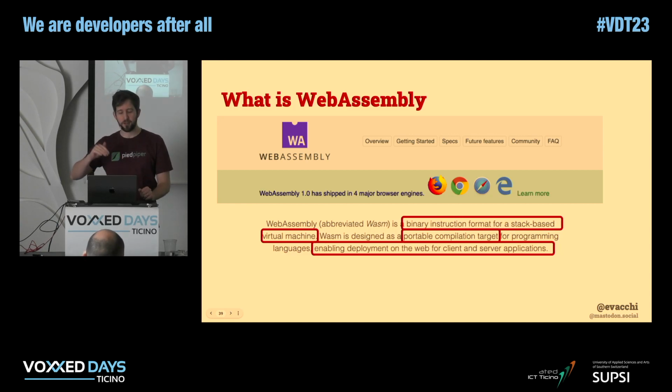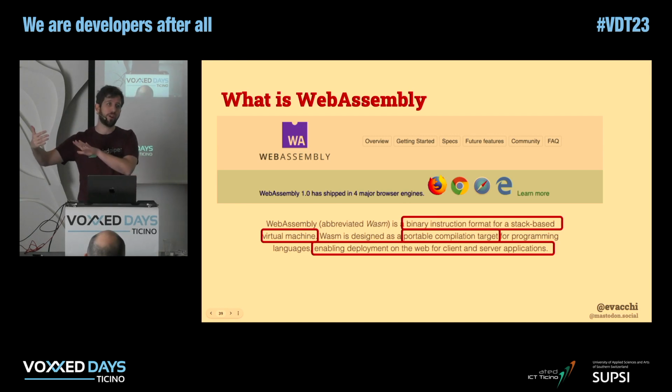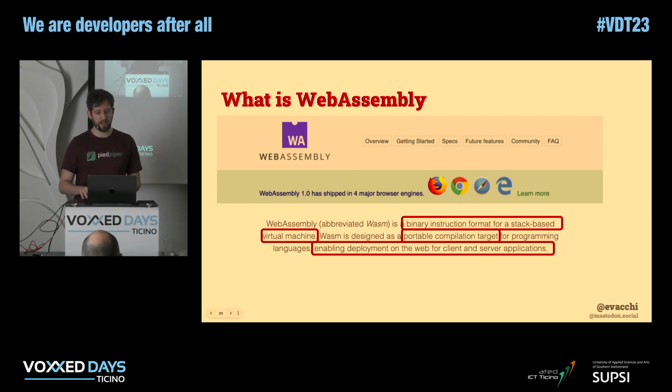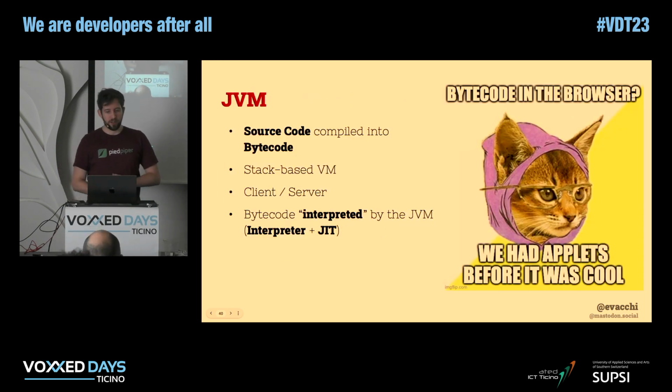I mean, definitely it's useful, it's fun, it's interesting, and it opens a lot of possibilities to be able to write any language and target the browser, but it's exciting to have a VM that is truly polyglot. Now, again, we are probably biased here towards the JVM. So what's the difference with a JVM? Source code is compiled into bytecode.